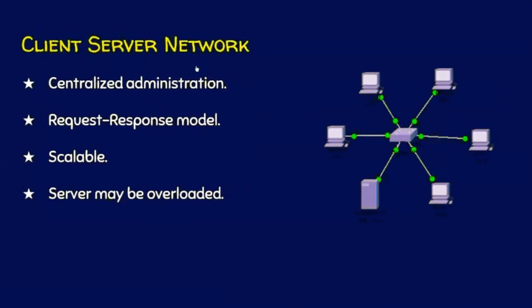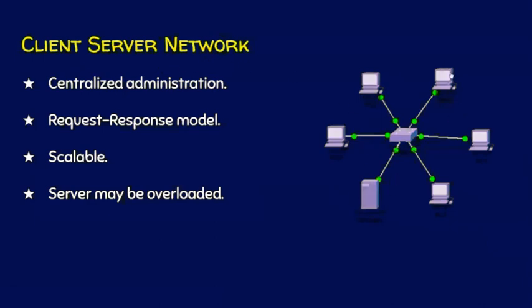Coming to the client-server network, here we will have a centralized administration. And this server is going to do the centralized administration. All the data will be here, and these are all called slaves, and this is going to be the master. In other words, these are all going to be called clients, and this is going to be the server. That is why we call this scheme a client-server network. It is also called the request-response model.